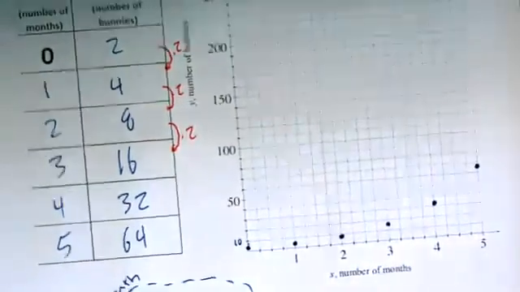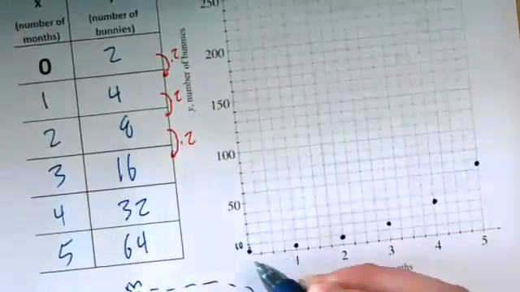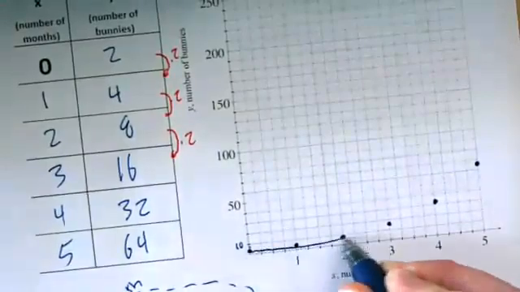And I am going to connect my points here, but I'm not using a ruler because those don't look like they're going to fall into a straight line, do they?